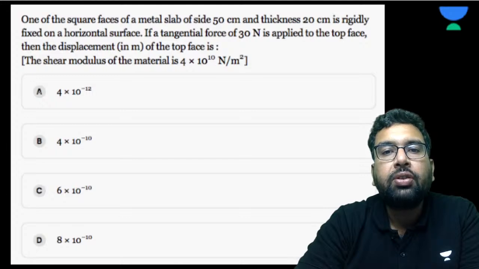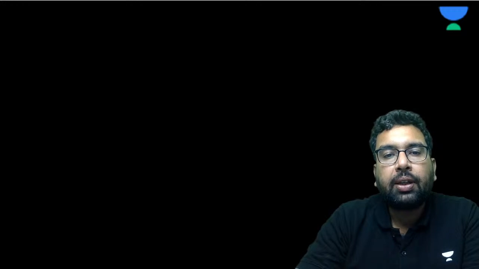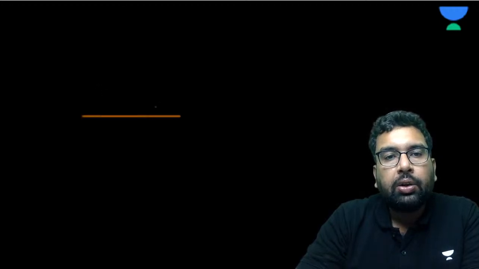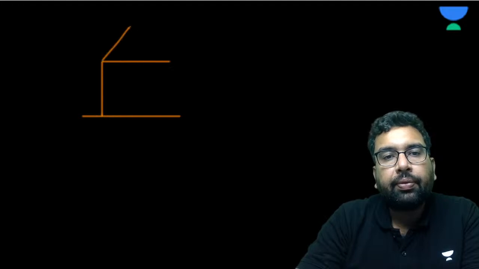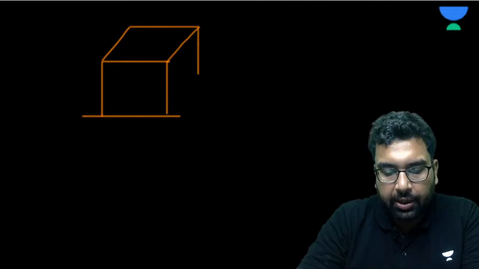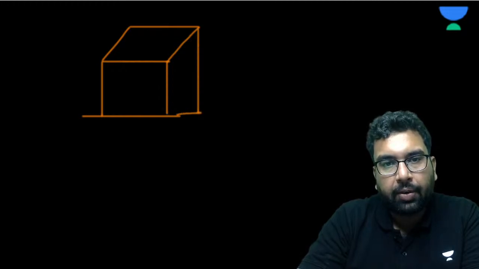If a tangential force is applied, see what will happen to the slab. It is somewhat like this. Right, this is your slab. Okay, you got it. Wonderful. So this is the slab, right?